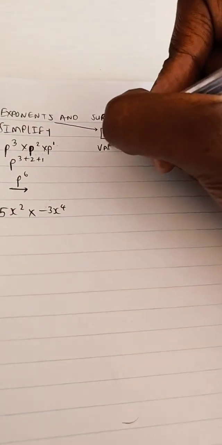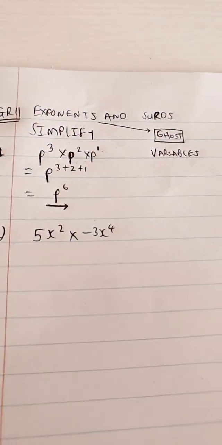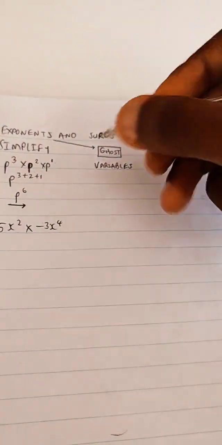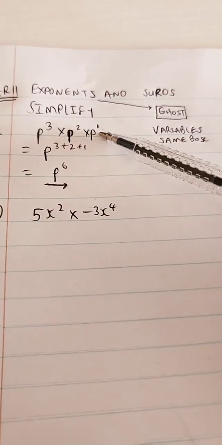So of course, what are we doing here? Initially here, we were just multiplying variables, same base variables. So it was easy for us to say p to the power 3 times p squared times p to the power 1 is equal to what?